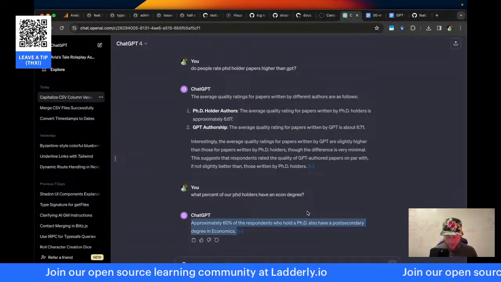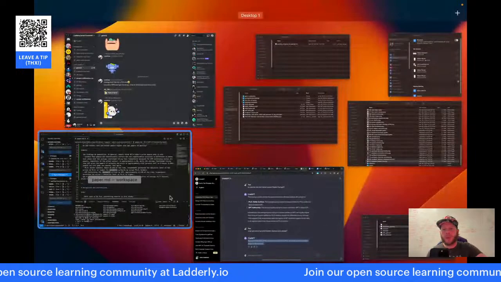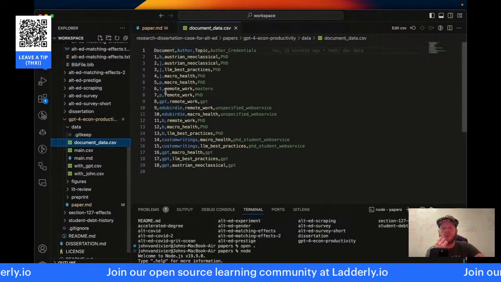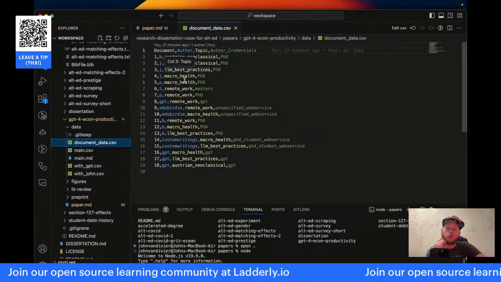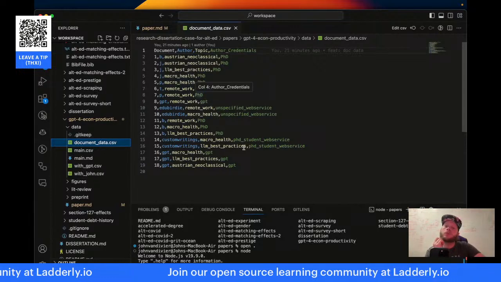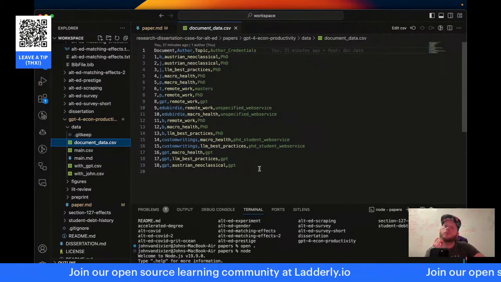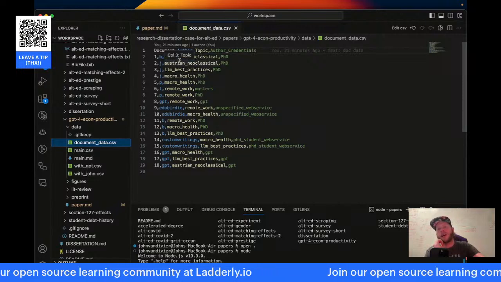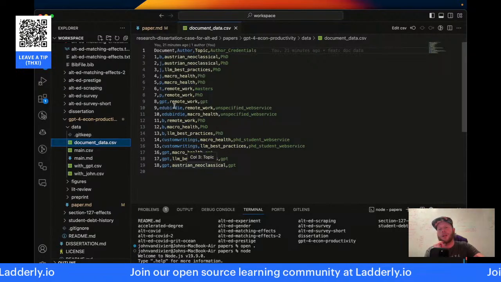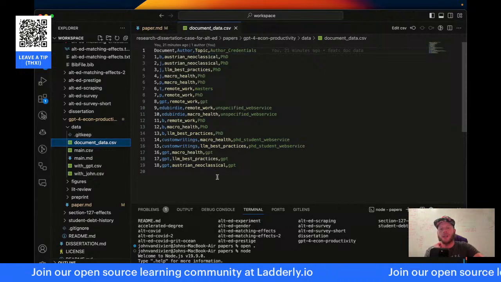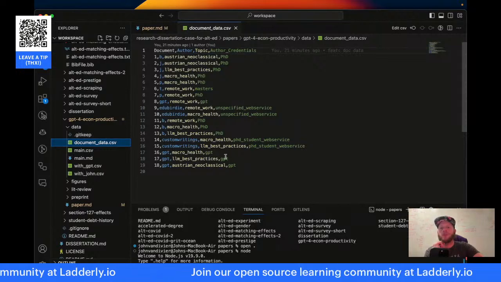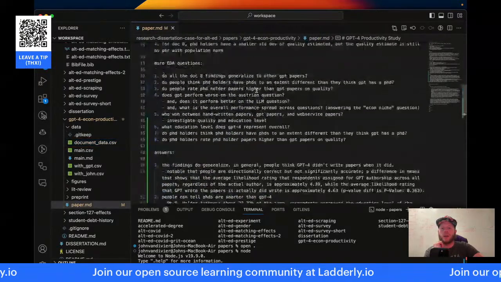I mean, that's a notable finding. Everyone, not EduBirdie or custom writings or GPT, but all of the humans here have a post-secondary degree in economics.